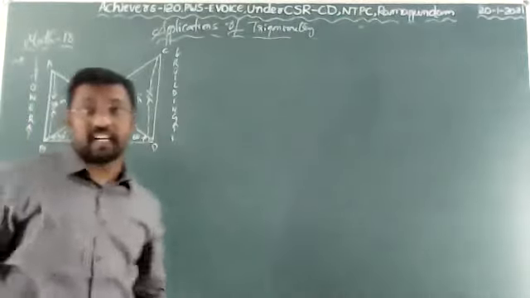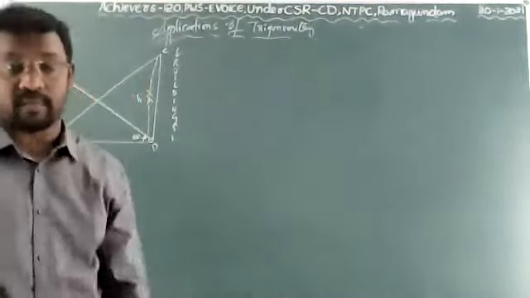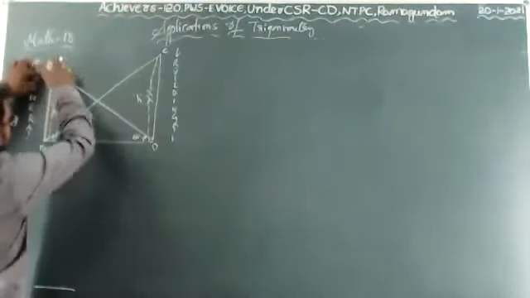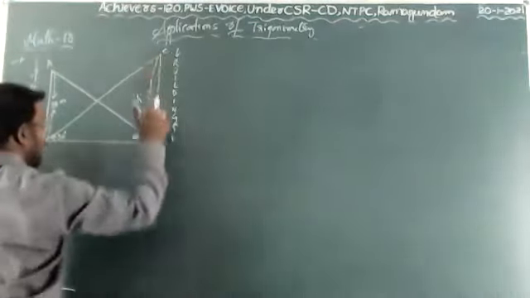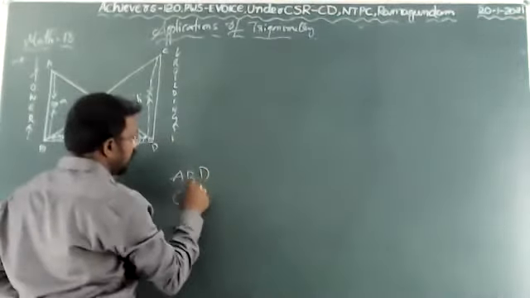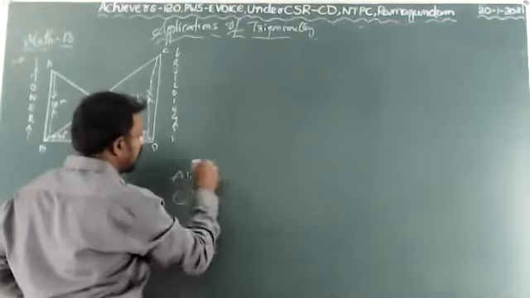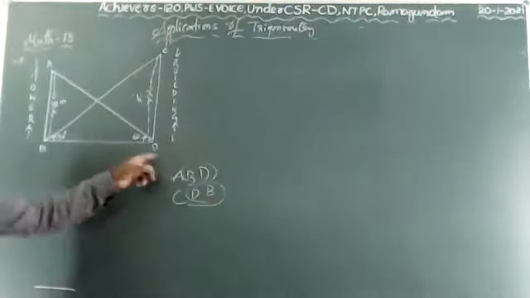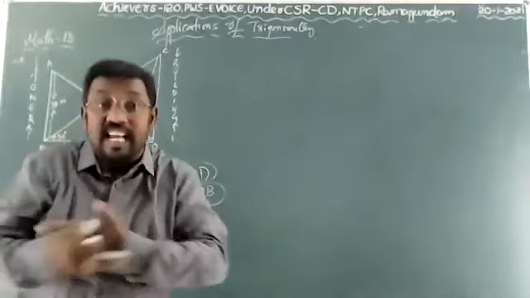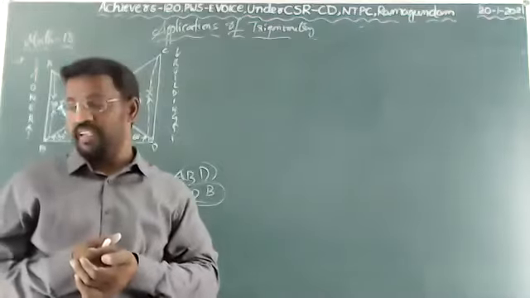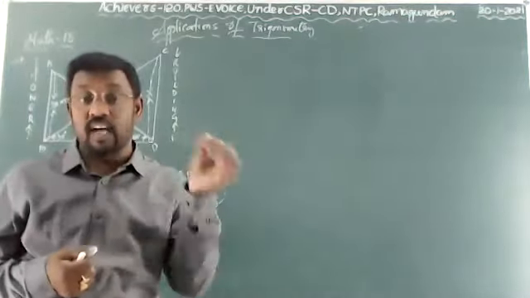In these two right triangles, one will be common. See, ABD, CDB. BD is common, which is the distance between the tower and building.